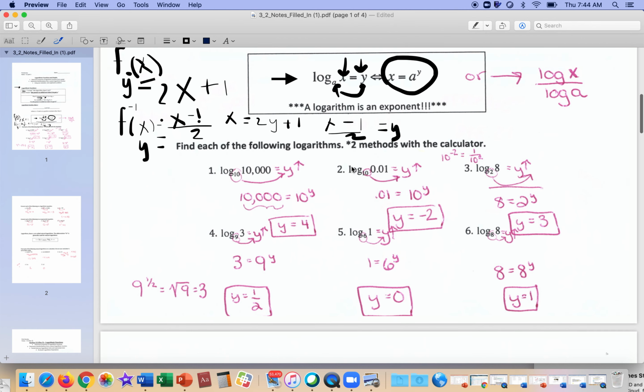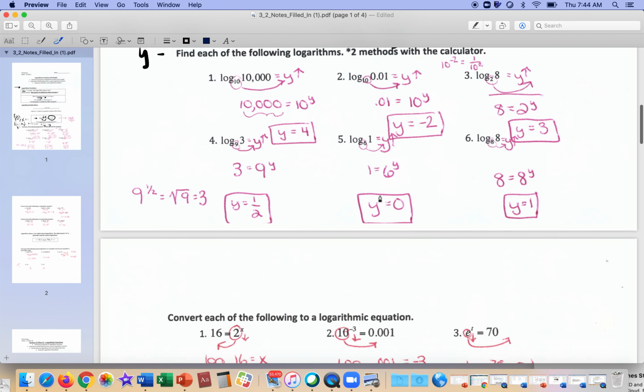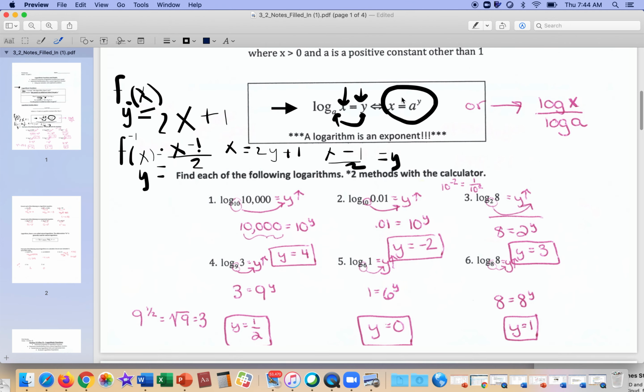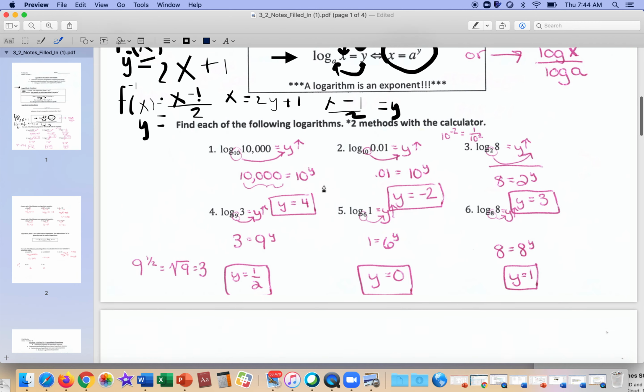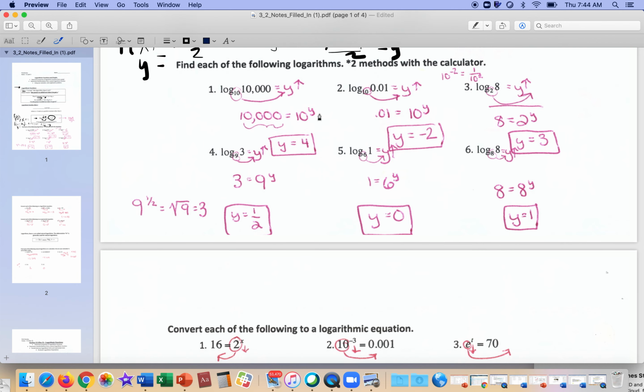Okay, so we haven't technically found the inverse yet. Find each of the following logarithms. There are two methods: you can use change of base, or you can do it without a calculator. One way, if you're trying to evaluate, is to say log base 10 of 10,000 equals what value?